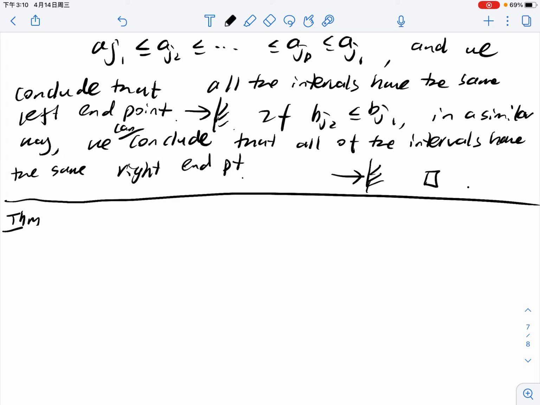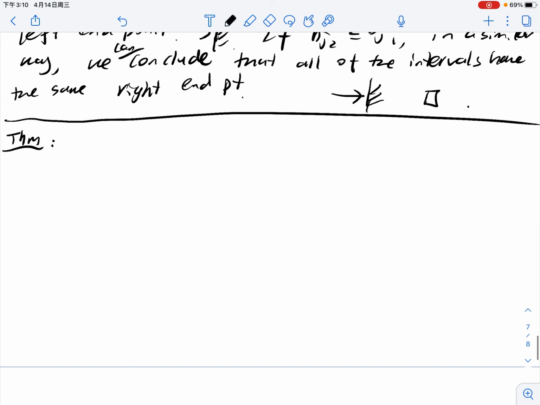And I will just state a theorem in a textbook without proof. So every chordal graph is perfect.